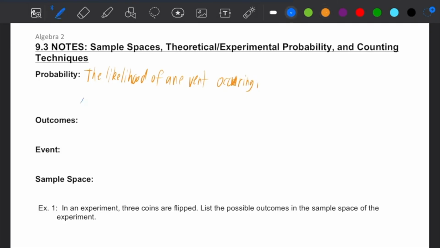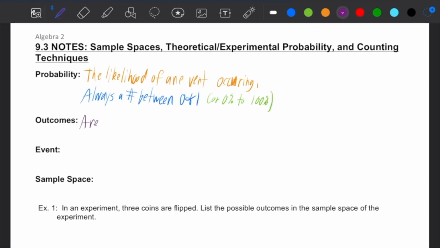And I want to note that it is always going to be a number between 0 and 1, aka 0% to 100%.